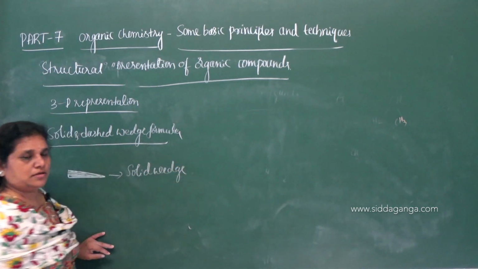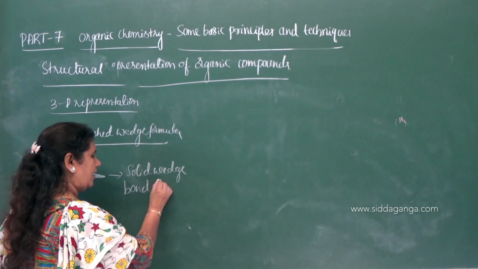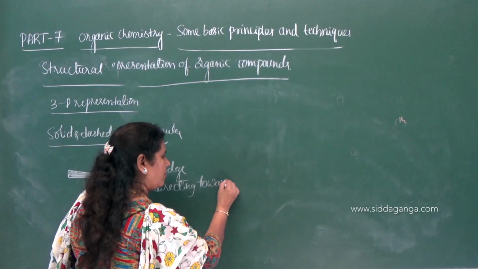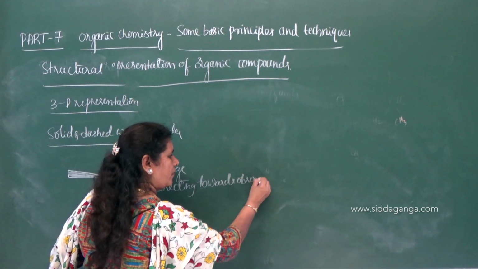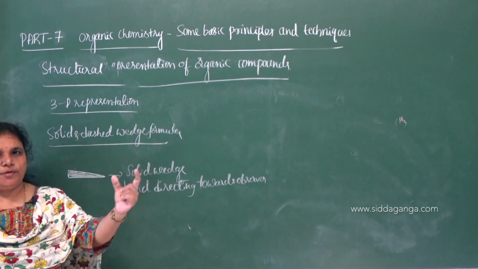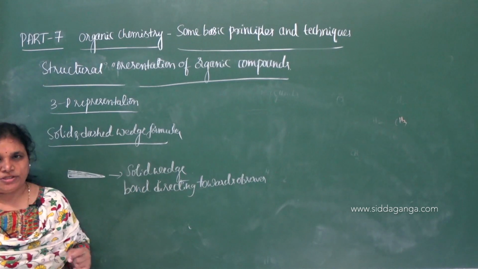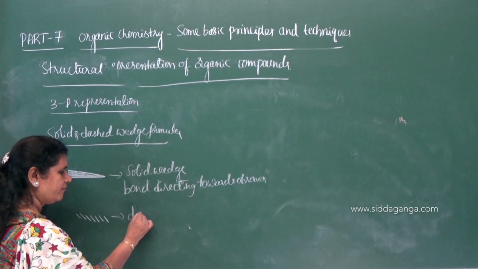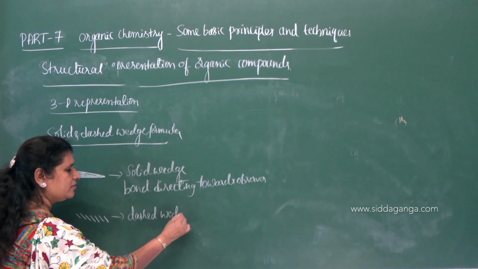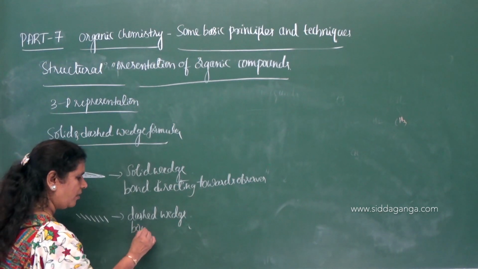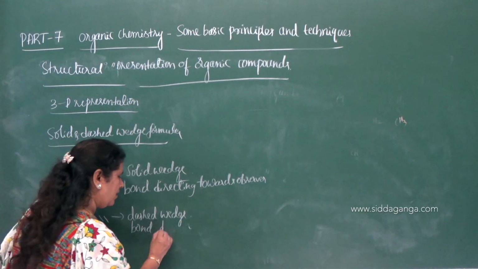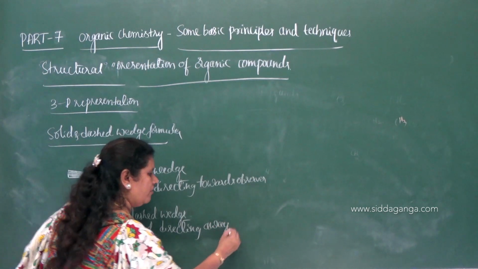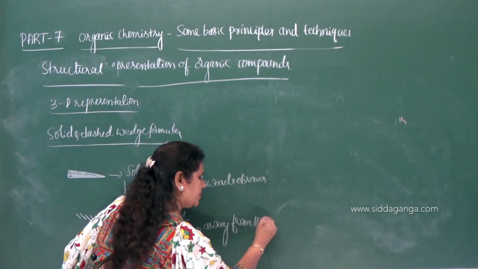And this represents a bond directing towards the observer. Observer means it is moving away from the board. That is a bond directing towards the observer. And this is the dashed wedge. This represents a bond directing away from the observer.